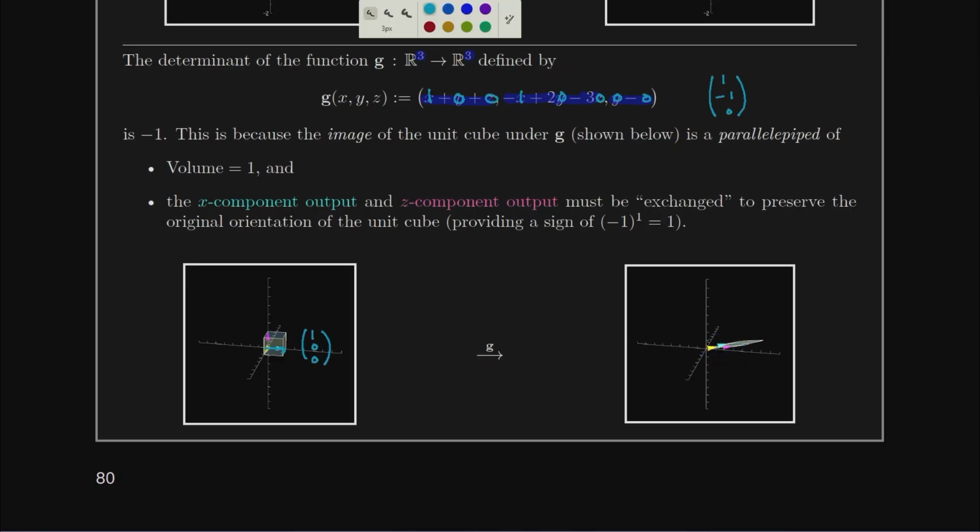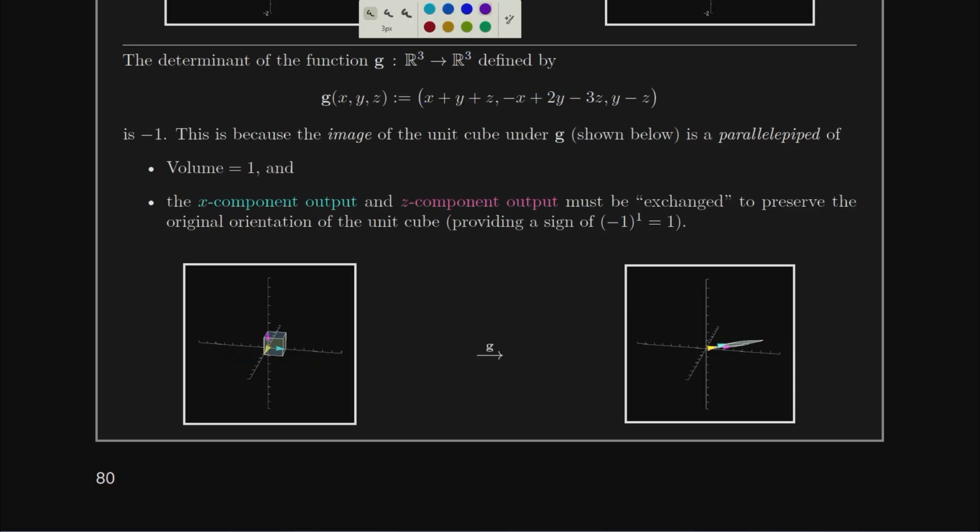And then if I want to find the image of the y vector, the y vector is 0, 1, 0. So I'm going to plug in 0, 1, 0. The y output will be 1, 2, 1. And so over here, this little y arrow is really in the 1, 2, 1 direction. It's pointing out toward us, even though it's kind of hard to see.